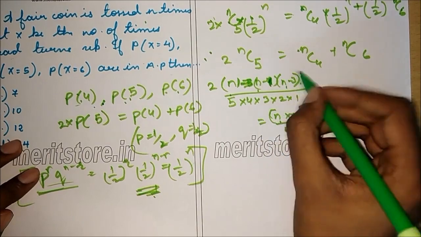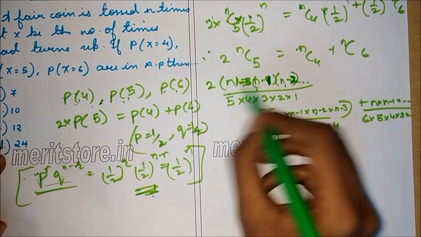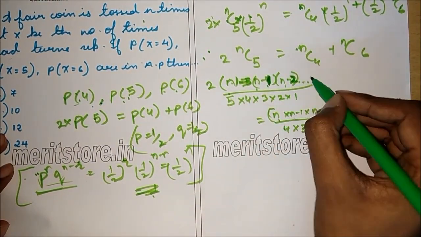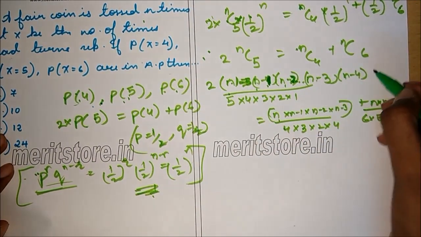It starts with n, n minus 1, n minus 2, since we are decreasing it by 1.